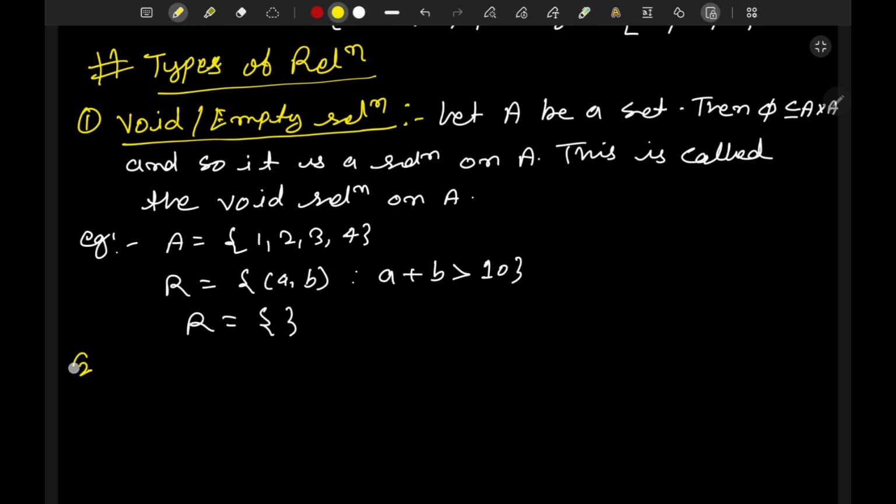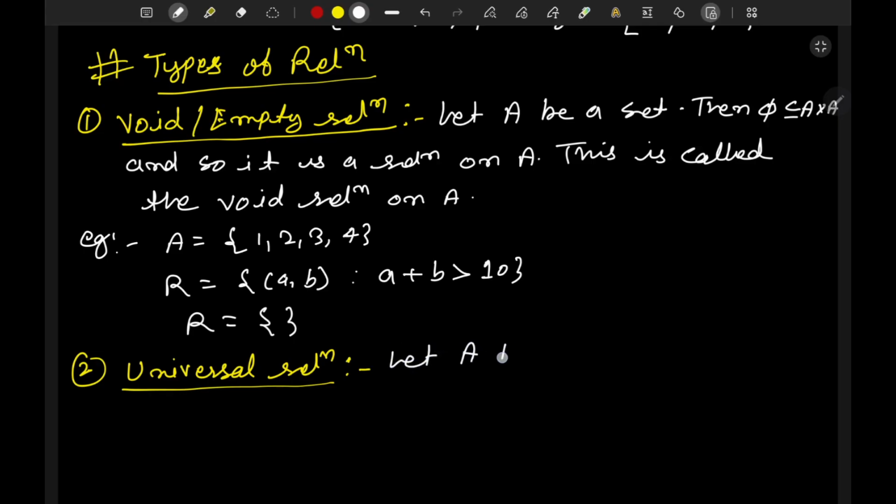Now the universal relation. Let A be a set.